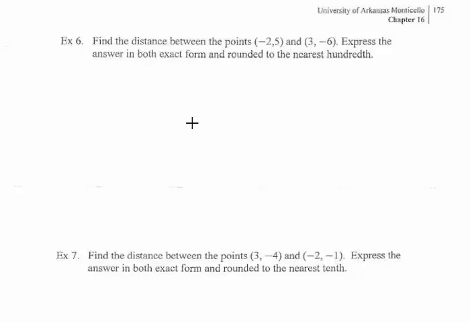Alright, it appears when I scanned the workbook, I left the previous page out. But what you're going to see on that page is a general situation where we have a line segment on a coordinate plane. So we have the y and the x-axis, and somewhere we have a line segment.